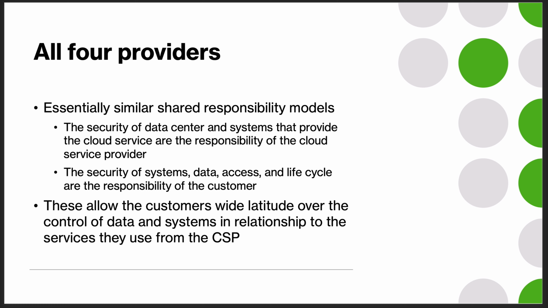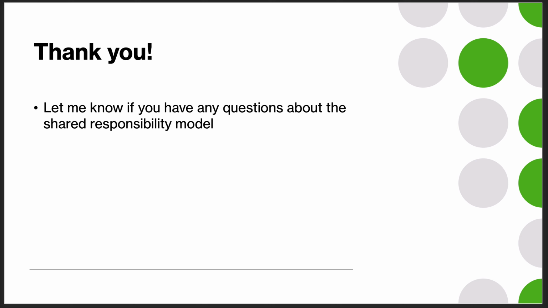That shared responsibility model allows that back and forth a lot more easily. It makes your data a lot more transportable, whether you're going to use Google to data mine your data and Amazon to service customers, or however you want to do it. It makes things a lot easier for you in the long run to understand that all four of these providers have a really similar shared security model.